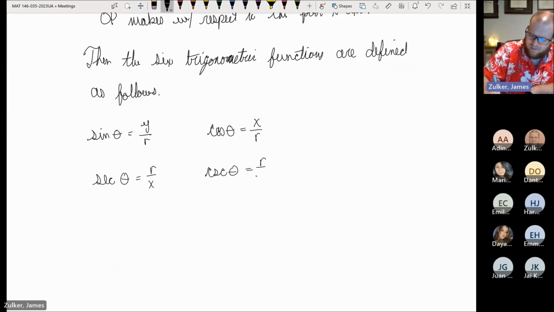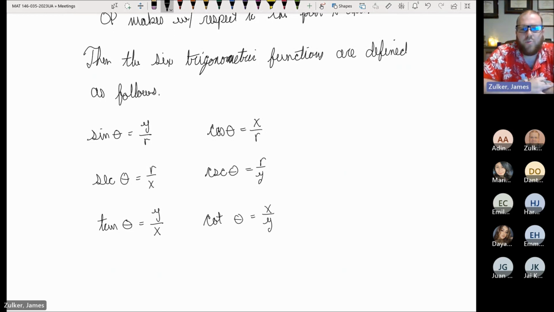Cosecant is r over y. Tangent is y over x. And cotangent is x over y.